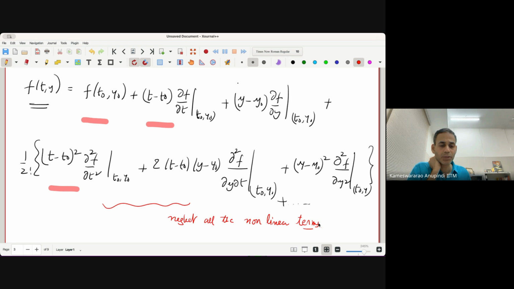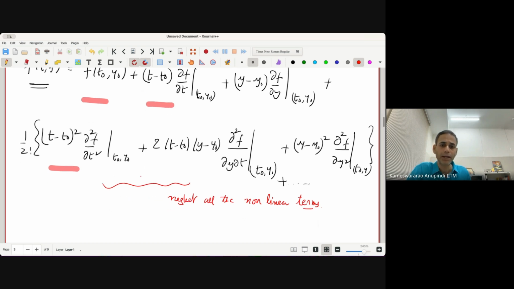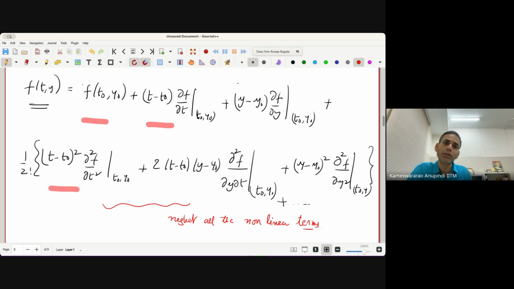If we keep the nonlinear terms, we cannot analyze them by hand, and the stability characteristics cannot be found. However, if we get a nonlinear problem in reality, we're going to linearize it anyway and then use the linearized system of equations. So eventually we come back to a linear system coming from a nonlinear system, so we don't have to include the nonlinear terms. We're going to only include the linear terms.